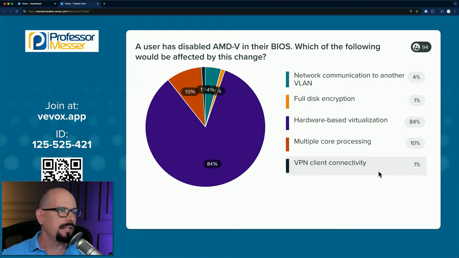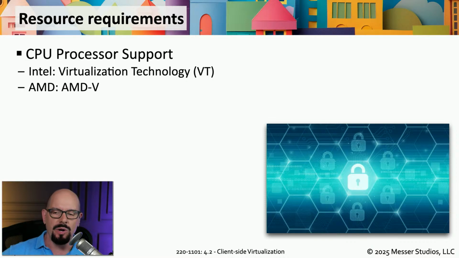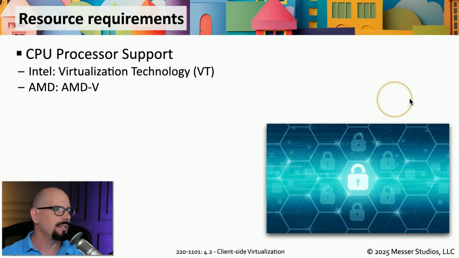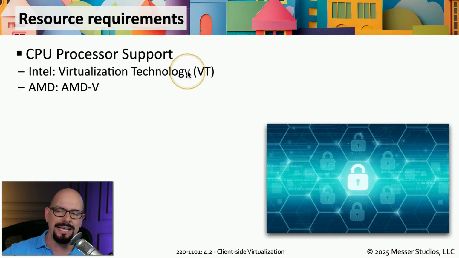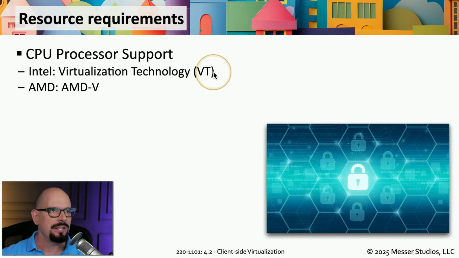This is an important consideration when you are preparing for your exam. There is processor support that you need to think about. If you're running an Intel processor and doing any type of virtualization, Intel refers to this as virtualization technology, or VT. It's in the BIOS configuration of your system. It's built into the CPU. This is hardware-based virtualization.